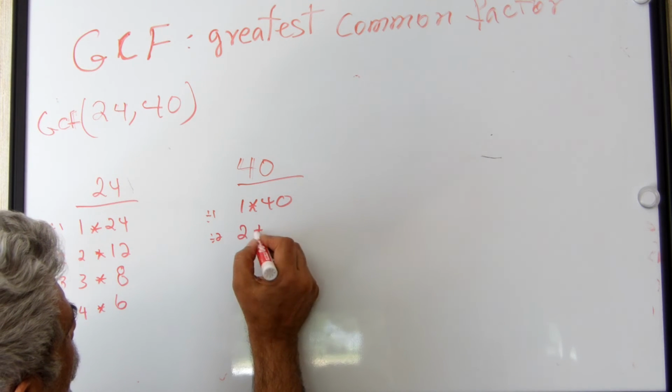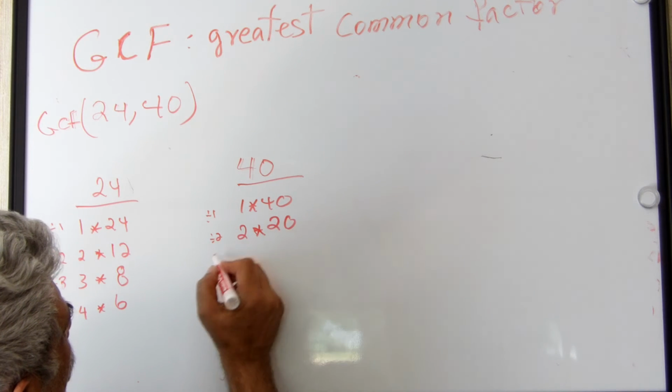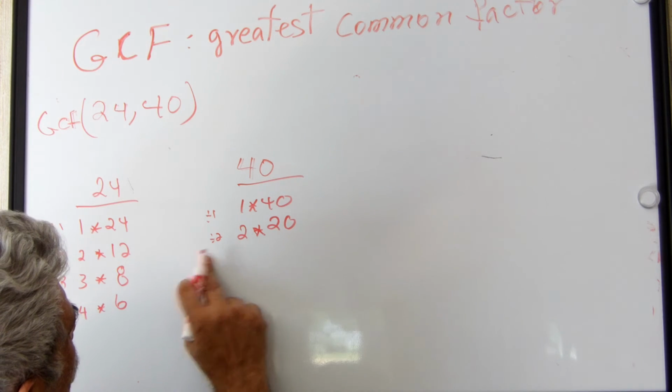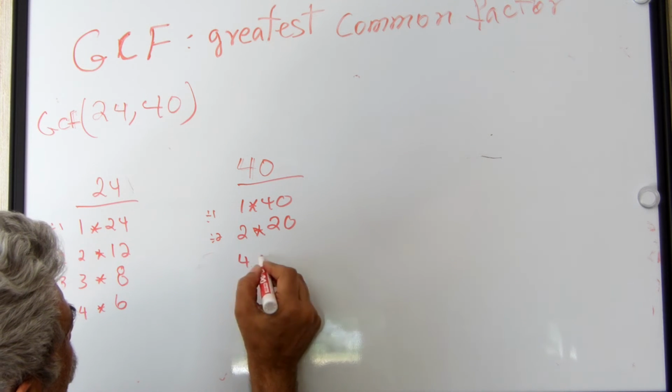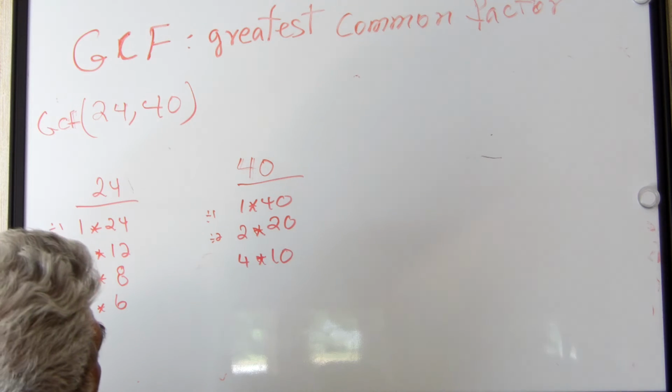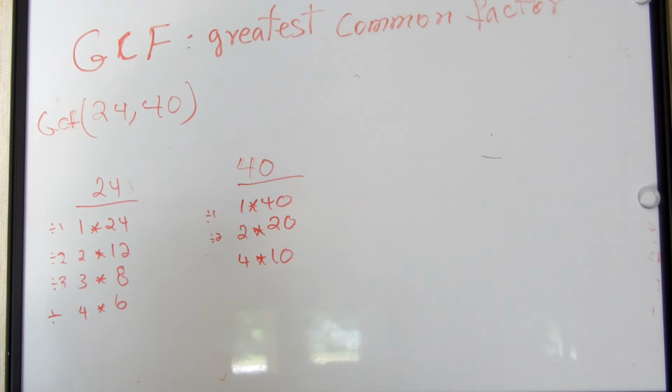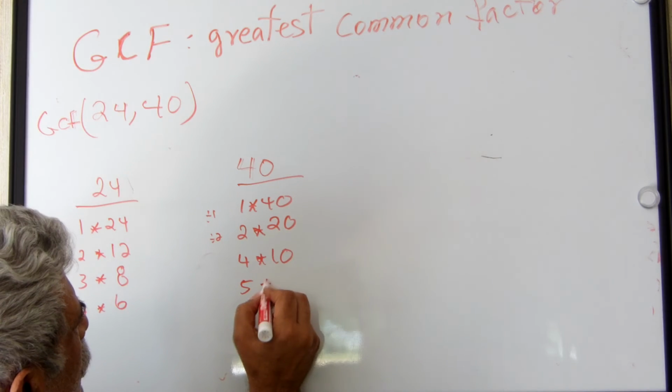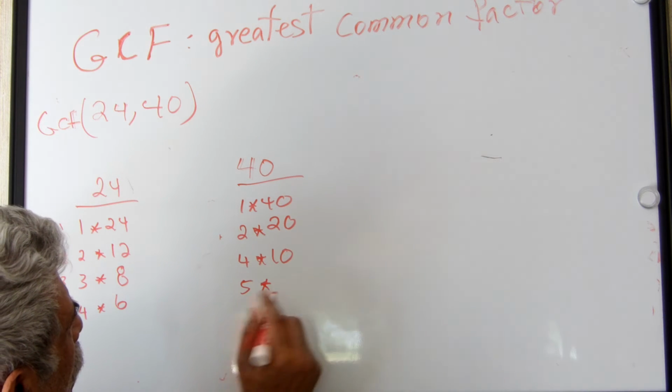Divided by 2 is going to be 20. Divided by 3, we cannot do that. 4 times 10, yeah. And then 5, yeah, we can do that. Divided by 5 is going to be 8.